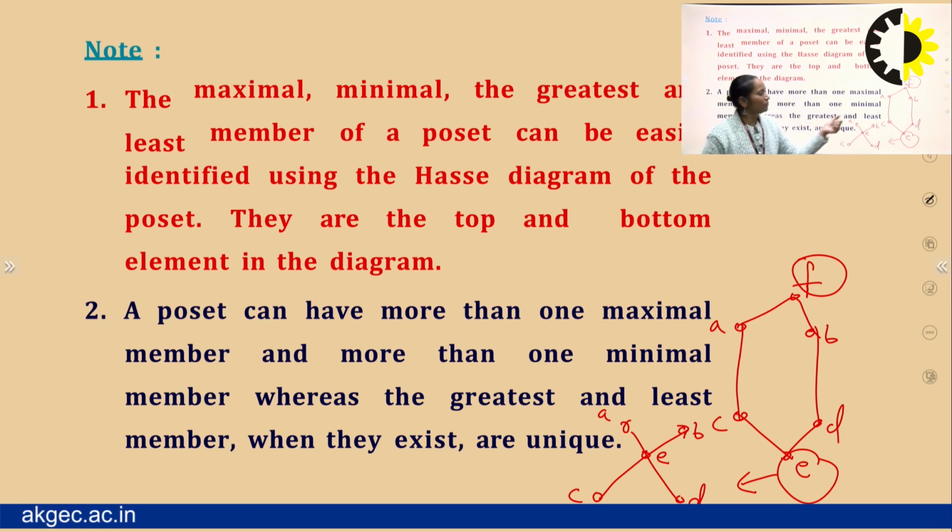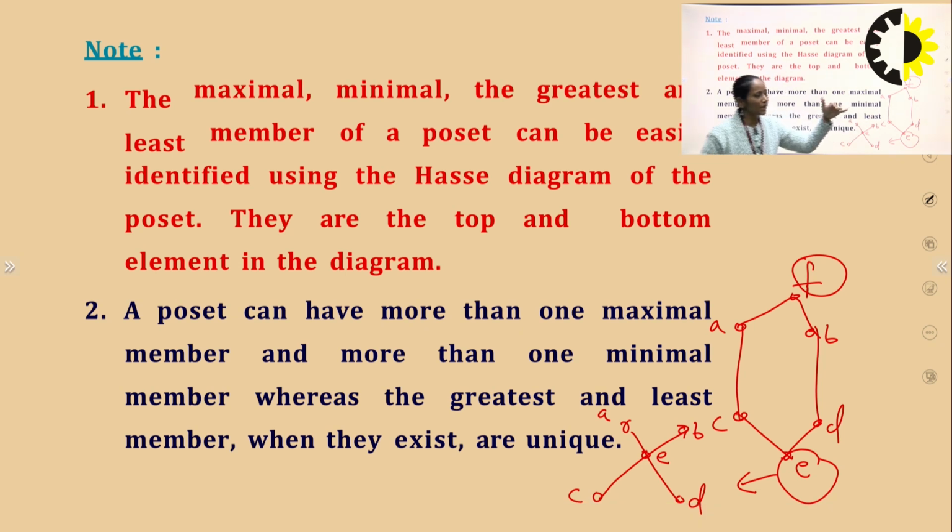It can also happen that for a particular Hasse diagram the greatest element does not exist, and the least element also does not exist. The maximal, minimal, greatest and least elements of a poset can easily be identified using the Hasse diagram, as we have taken such an example.